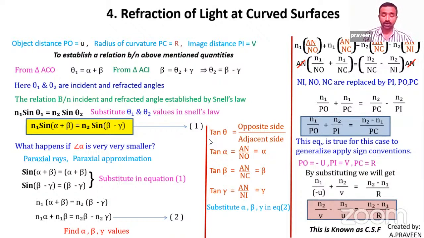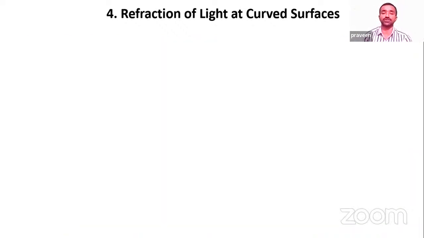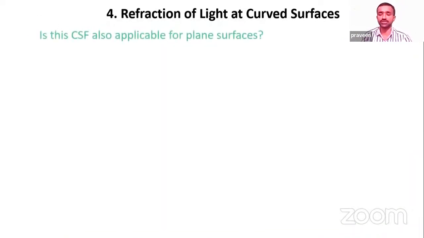This curved surface formula is also applicable for plane surfaces. How? Simply, we can change the radius of curvature value here. By changing that, you are able to apply this formula. That we will discuss in this session.